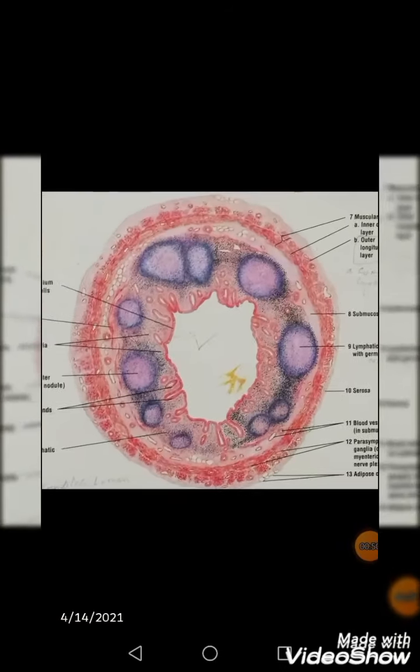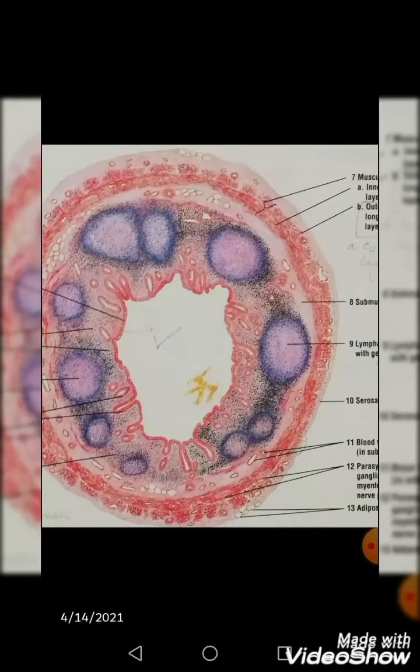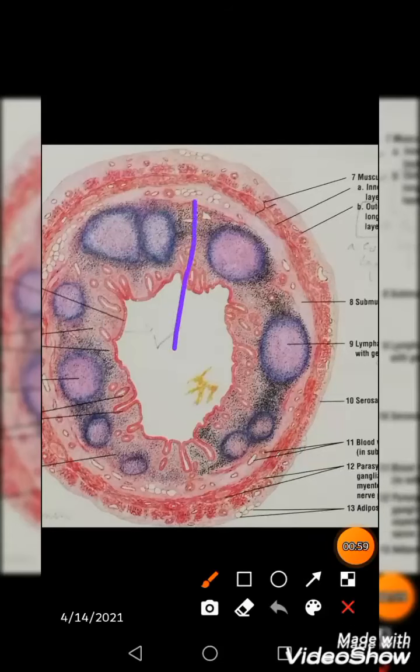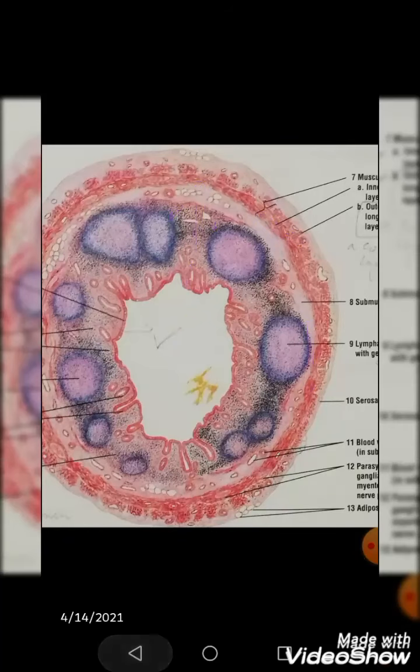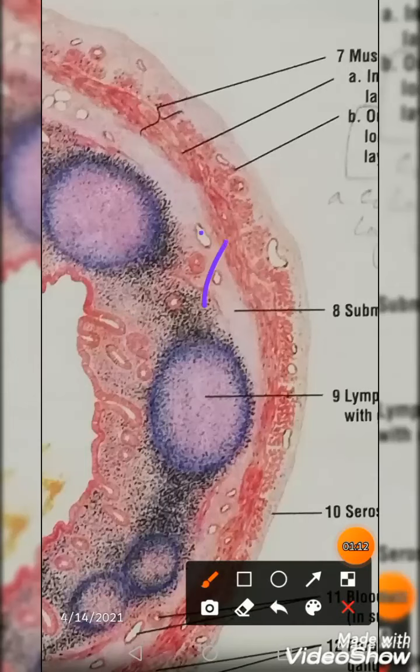Now what next in this vermiform appendix? I have mentioned the fat cells are there in the submucosa, and after that you find the muscularis externa, which is thin but made up of the inner circular layer, and this one is the outer longitudinal layer, all around as a rim of this vermiform appendix.